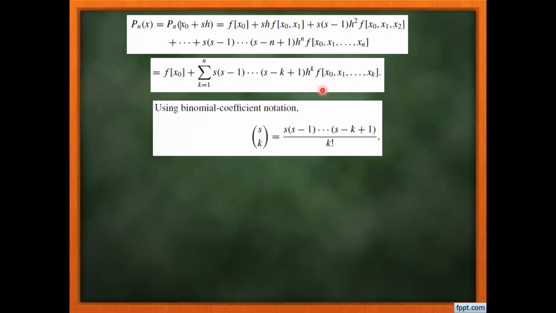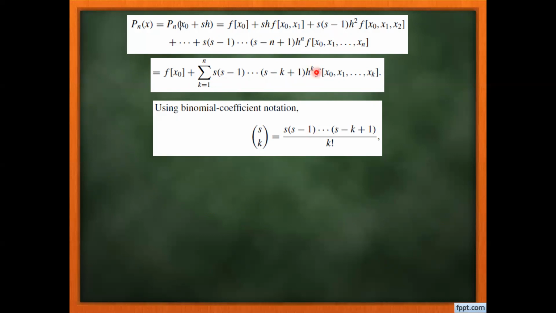So by looking at the pattern, I can write it down in summation form as shown here. So it's not difficult. Now we can link, as we all know, the binomial coefficient form is something similar to s into s minus 1 into s minus k plus 1, divided by k factorial.